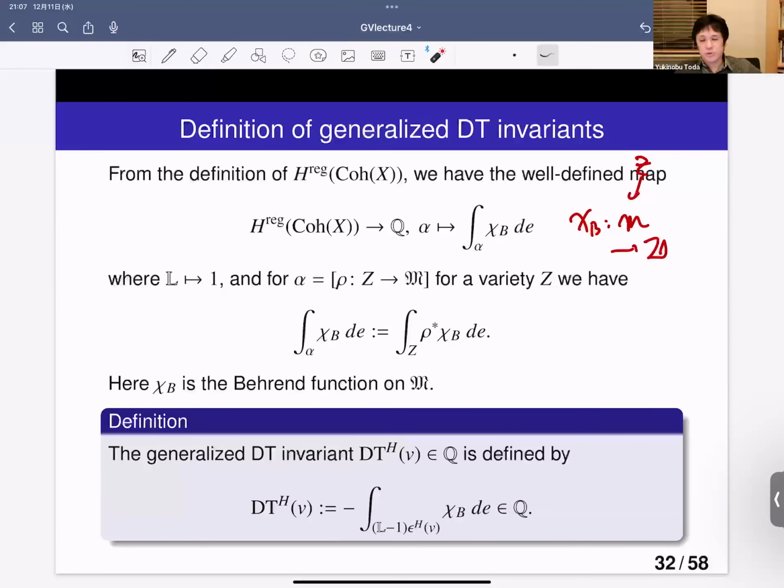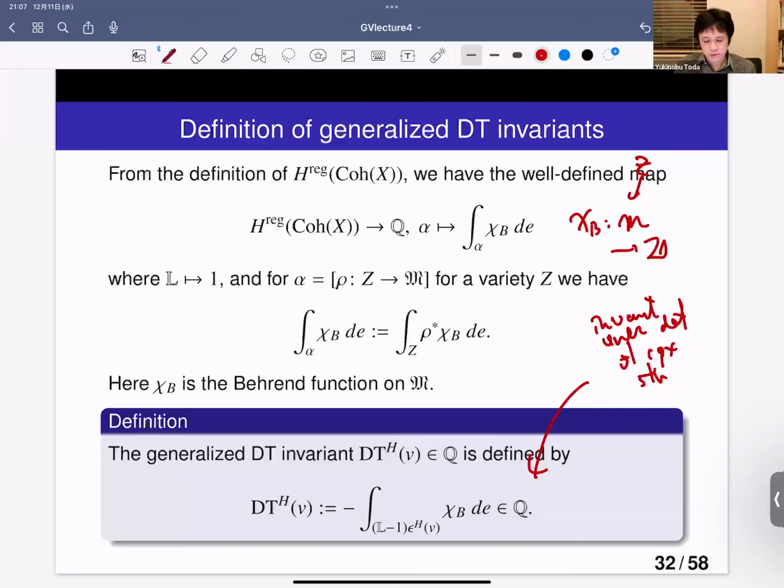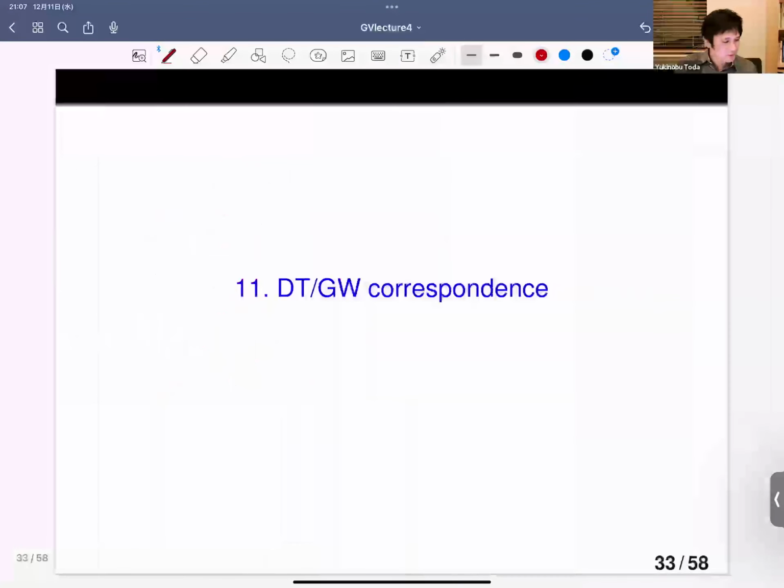It is also shown by Joyce and Song that this is invariant under deformation of complex structures. So now this is the explanation about the Donaldson-Thomas invariant. Are there any questions?